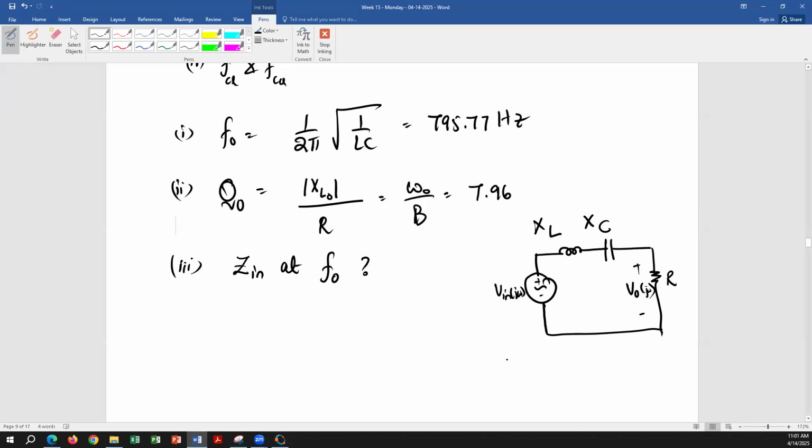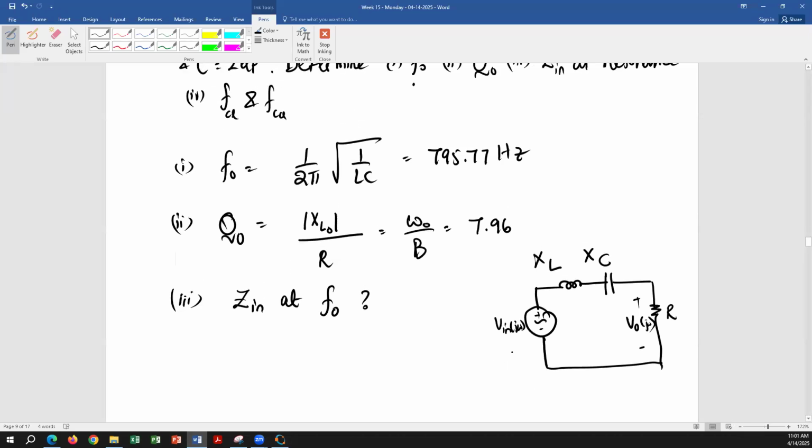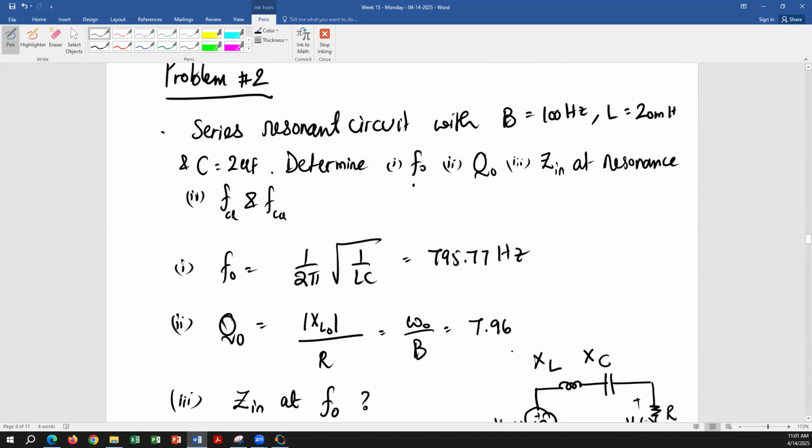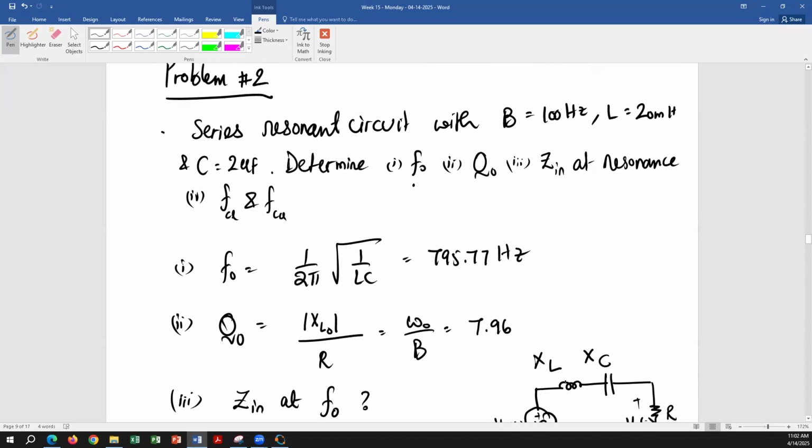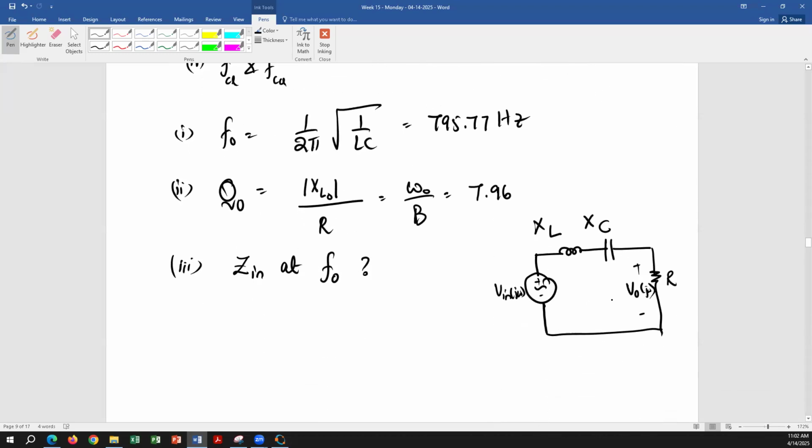Now, we do not have the value of R in this case, but we can figure out the value of R first by calculating XL and XC.